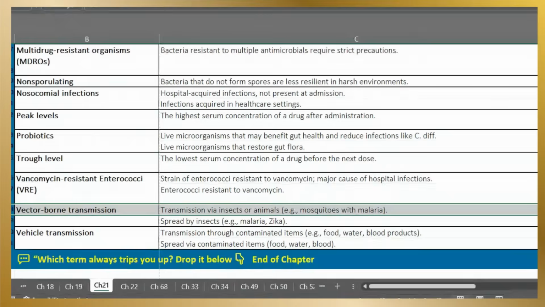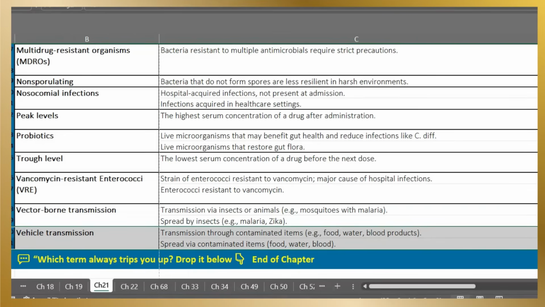Vector-borne transmission. It's via insects or animals, mosquitoes with malaria, for instance. So this is the vector, it's spread by insects. I said malaria, Zika, so I'm going to repeat it here. The vector means like vermin or bugs that carry germs.